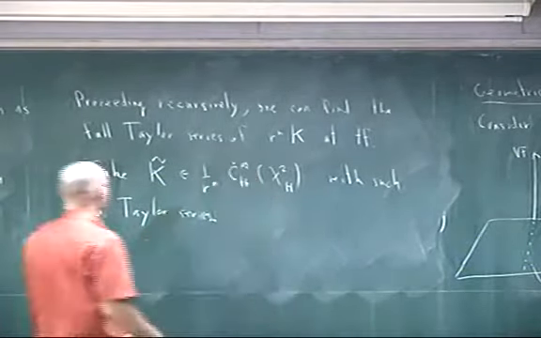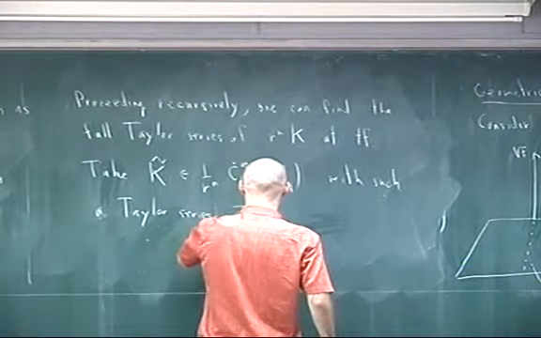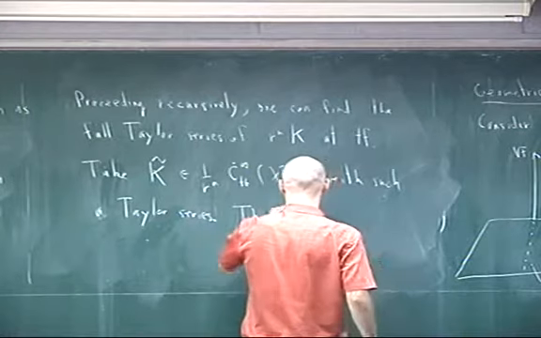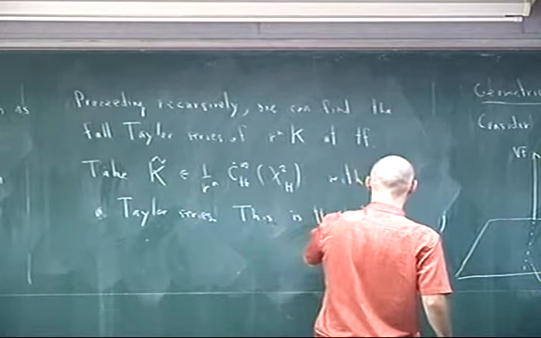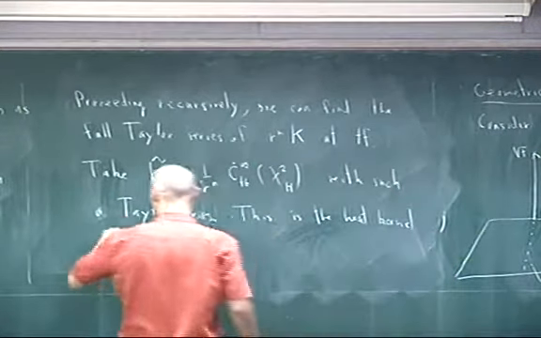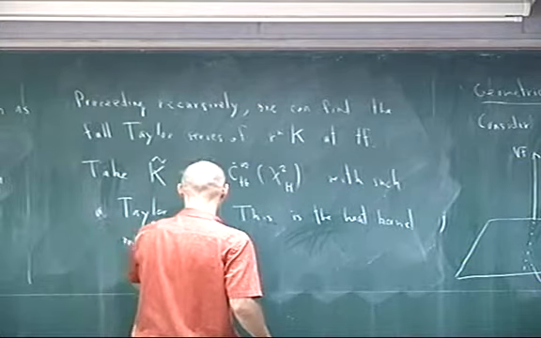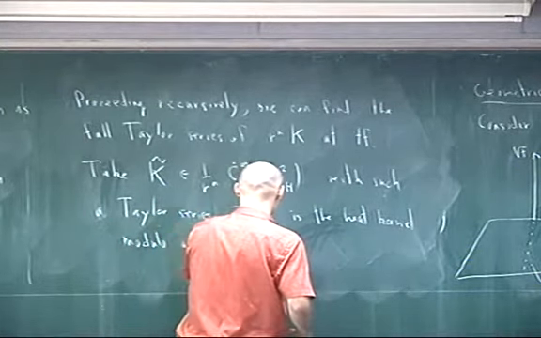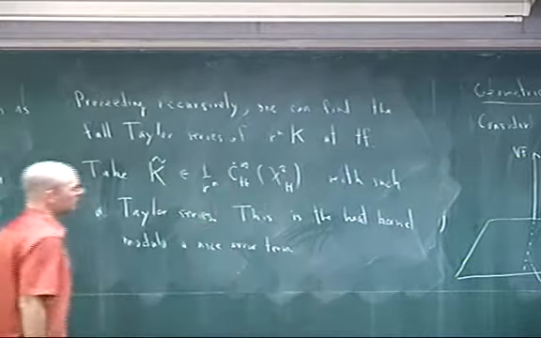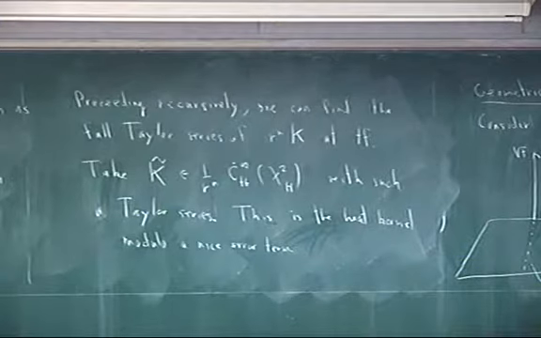Okay. But so this is the heat kernel, but modulo a nice error term. So in other words, the main difficulty of solving the heat equation all happen at this phase.